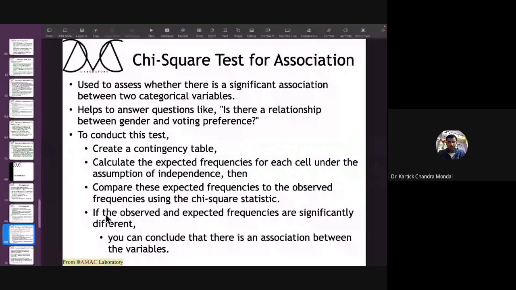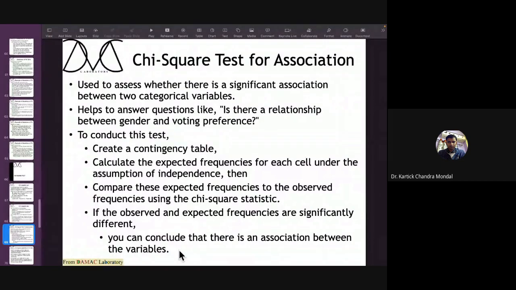So if the observed and expected frequencies are significantly different, that means the chi-square value is large, you can conclude that there is an association between the variables.